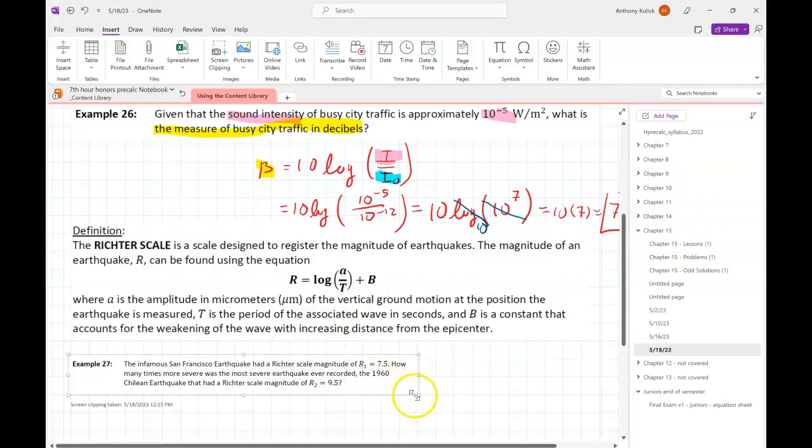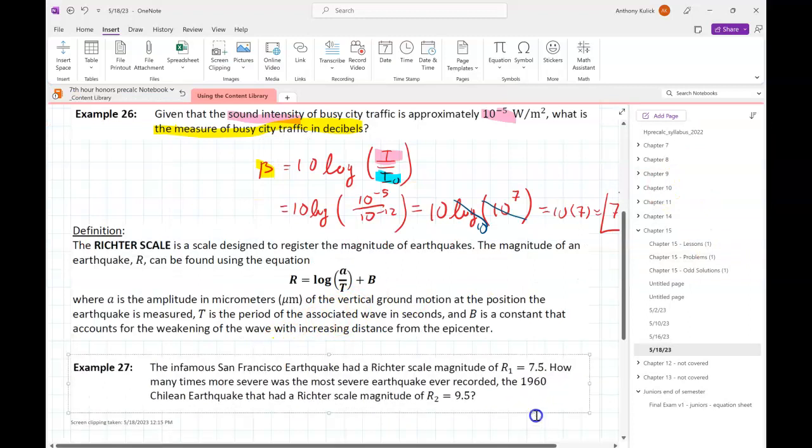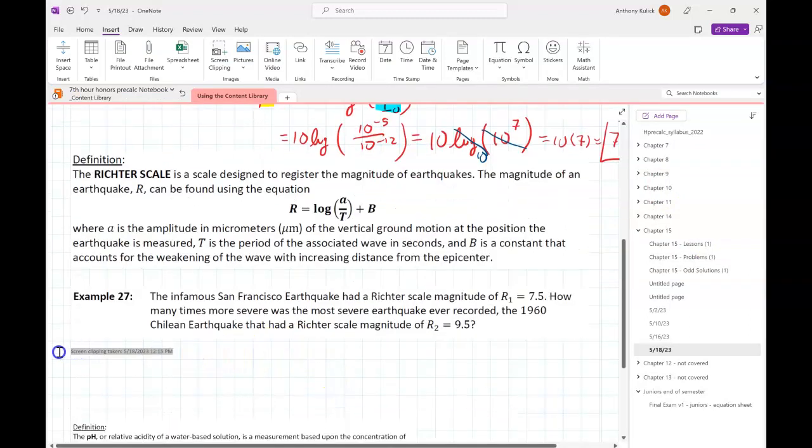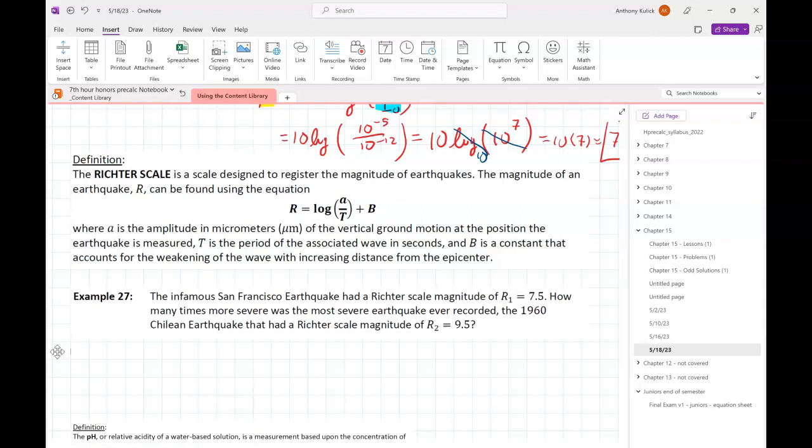Drop that in. So this says the infamous San Francisco earthquake had a Richter scale magnitude of 7.5. How many times more severe, that's a tough sentence to read, was the most severe earthquake ever recorded, the 1960 Chilean earthquake that had a Richter scale magnitude of 9.5?